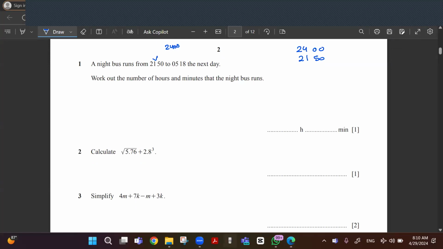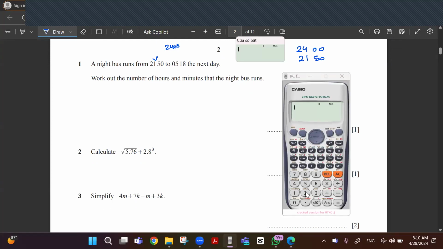I can press 24, then this button, then 0, and this button. Minus, you can see the calculator, all of you? Yes. Then minus 21, this button, and 50, this button, equal 2 hours and 10 minutes.